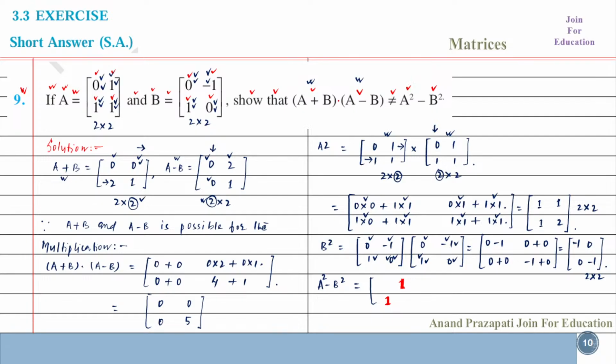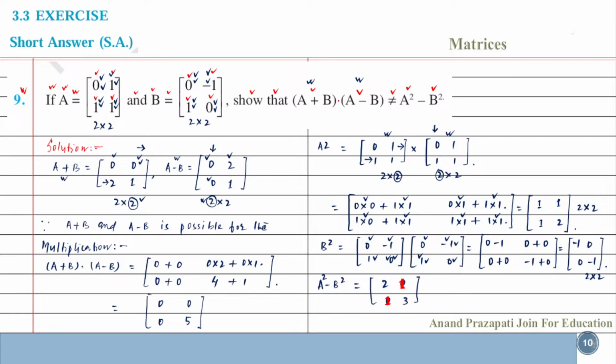So here will be 1 minus minus 1 equal to 2, 1 minus 0 equal to 1, 1 minus 0 equal to 1, and 2 minus minus 1 equal to 3.